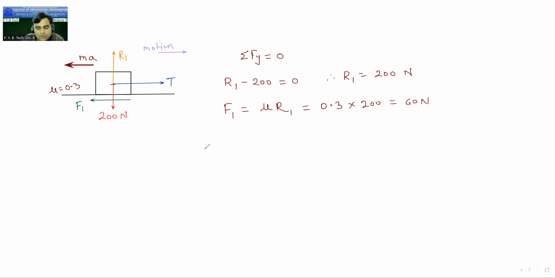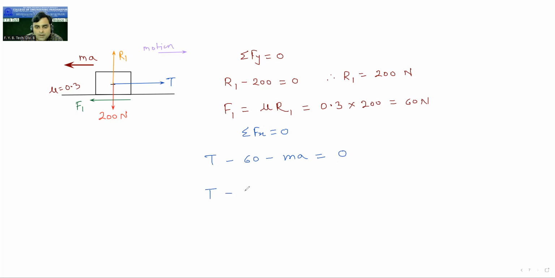Now calculate the value of inertia force MA. So MA we will calculate directly in the problem. If I apply summation Fx equal to 0, then T minus F1, which is 60, minus MA is equal to 0.